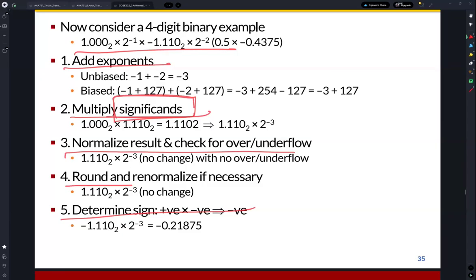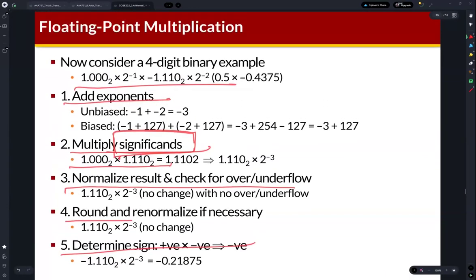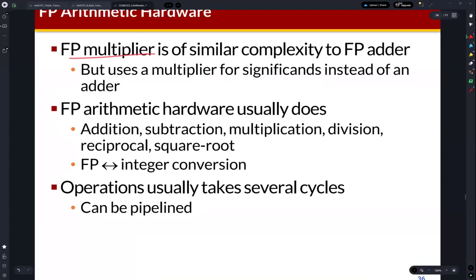Instead of addition, floating point multiplication needs a multiplier, okay? But like floating point addition, floating point multiplication needs to perform multiple steps, so it also usually takes several cycles.